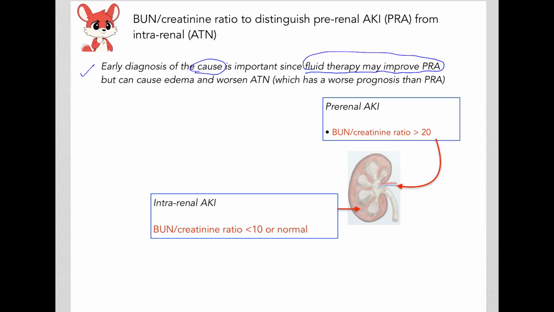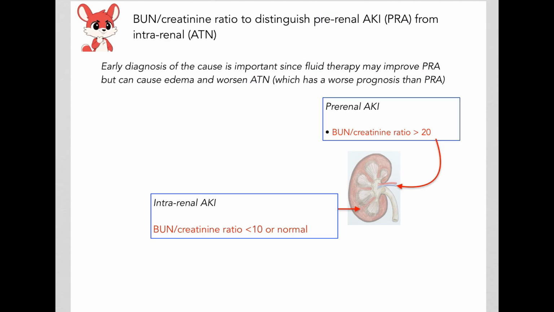However, fluid therapy will cause edema and worsen ATN, acute tubular necrosis. So it's very important to distinguish early on whether a patient is having PRA or patient is having ATN.